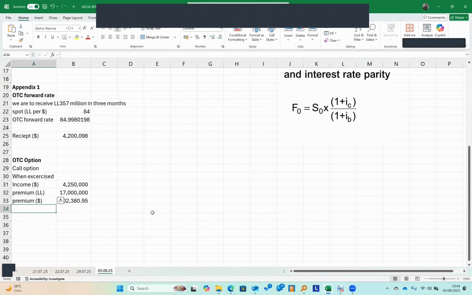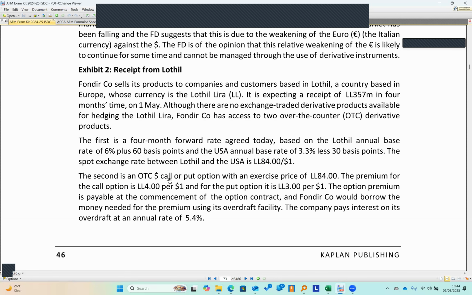So now they told us also that the company would borrow the money needed to pay the premium. So we are going to get some interest on this premium.